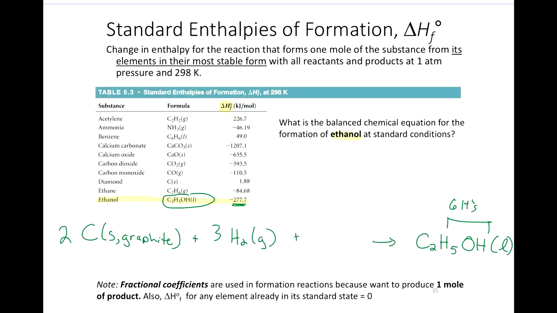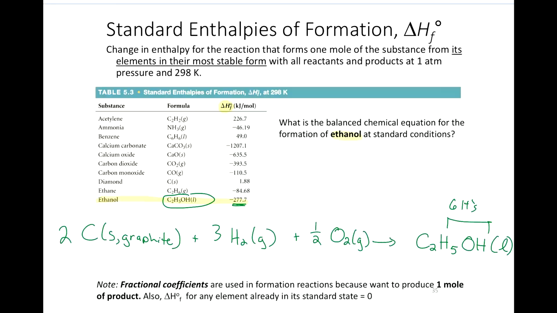And then the last one is oxygen. So oxygen in its most stable state is O2 gas, all right? But how many oxygens do we want on the reactant side? Just 1, so the coefficient we're going to use is a half. Back in chapter 3 or whatever, when we were balancing, we said always multiply by an integer to get rid of the fraction, but the fraction is absolutely okay here because the definition of a formation value is forming exactly 1 mole of your product.